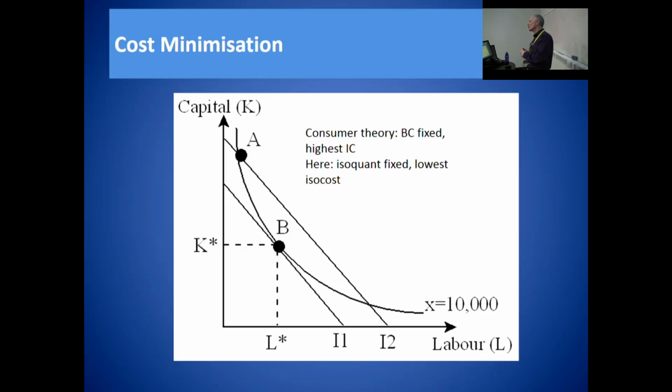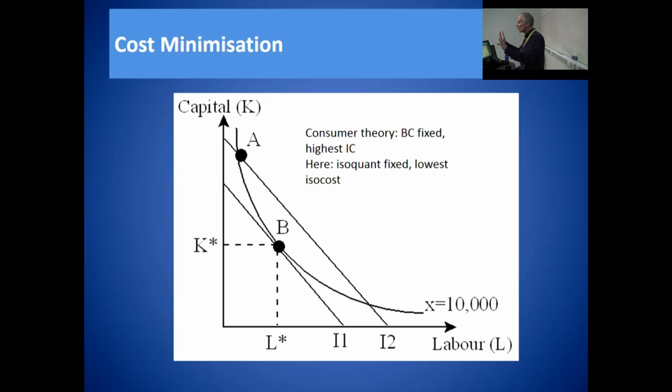However, what I do want you to note is the difference in this analogy between isoquants and iso-costs and the theory of consumer choice. In the theory of consumer choice, you have a fixed budget constraint and you look to identify the highest possible indifference curve.